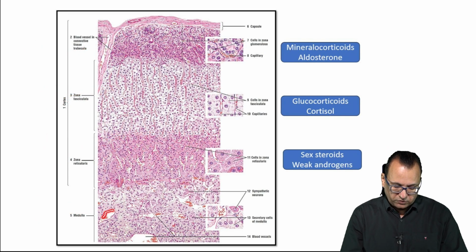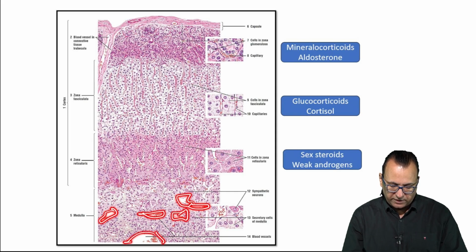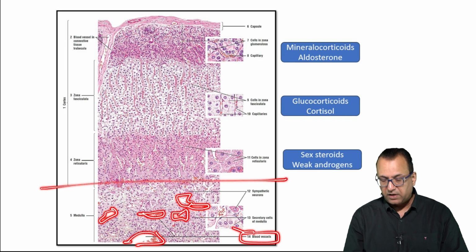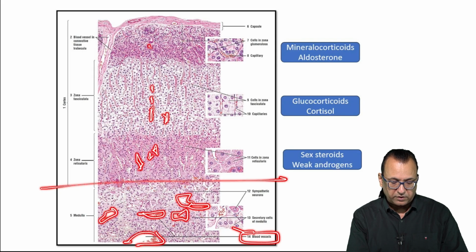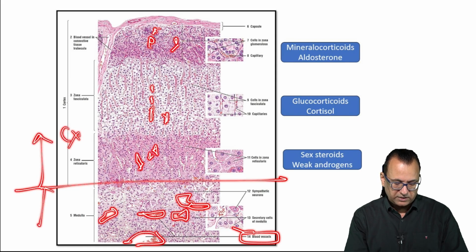Adrenal medulla is also identified by the fact that it will have large blood vessels. Of course, the hormones are being secreted here, so large blood vessels is the identification of medulla. In the cortex also you have blood vessels, but they are smaller. So looking at the blood vessels, you can tell that this is the cortex and this is the medulla.